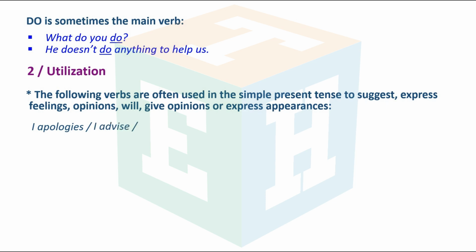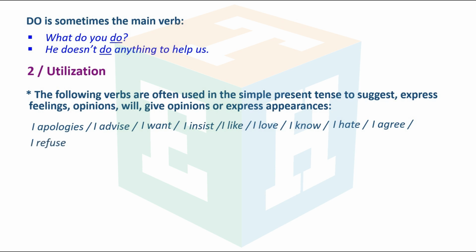I advise. I want. I insist. I like. I love. I know. I hate. I agree. I refuse. I think. I remember. I believe. I need. I seem. I look.